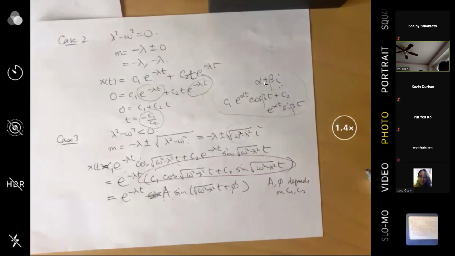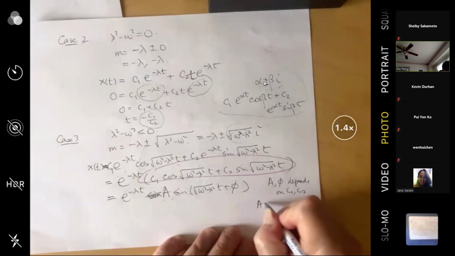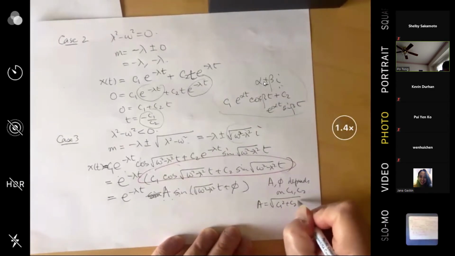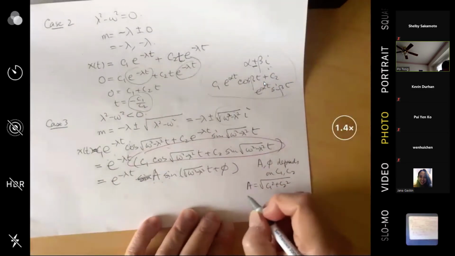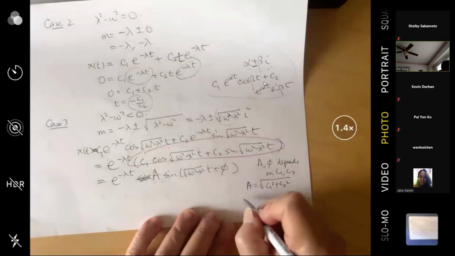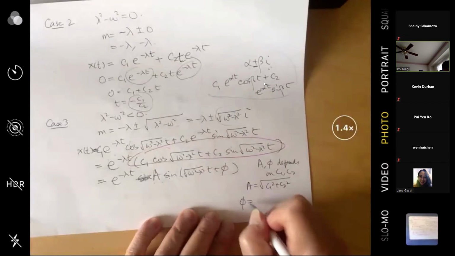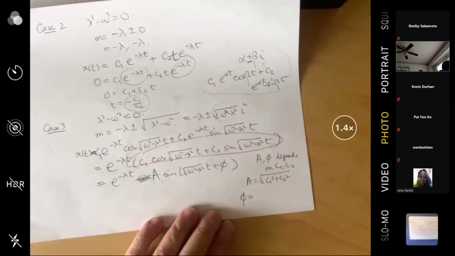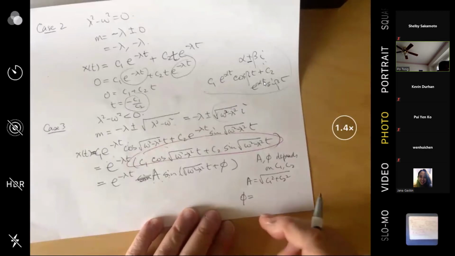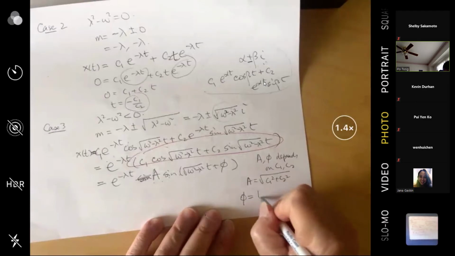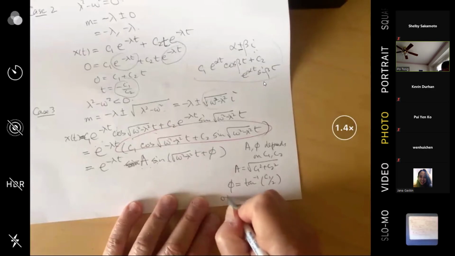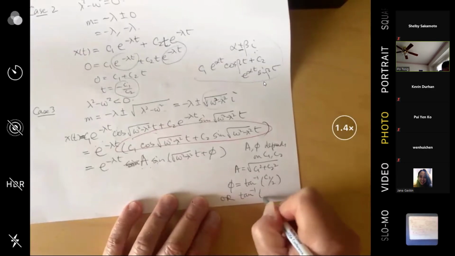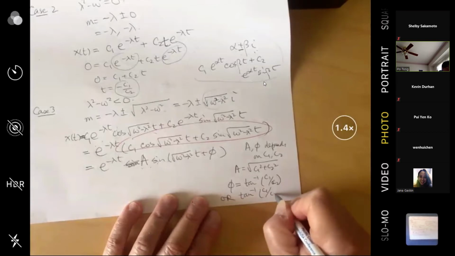Okay, so actually A is equal to the square root of C1 squared plus C2 squared. Phi is going to be equal to, which one divided by which, sine phi. Okay, it's arctangent of C1 over C2, or arctangent of C1 over C2 plus pi.